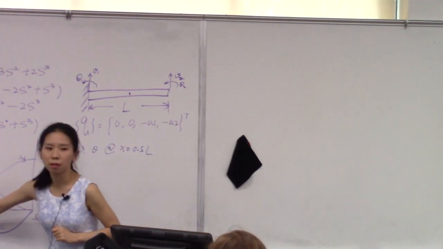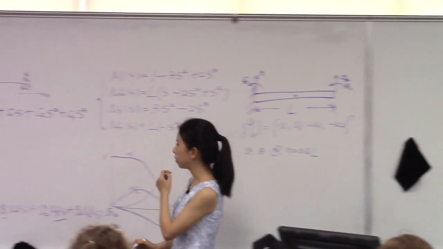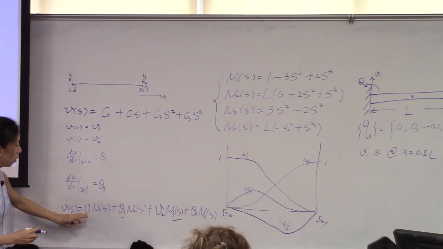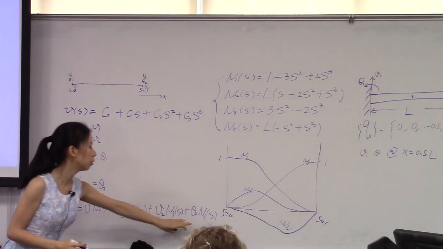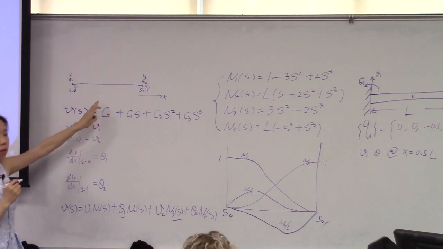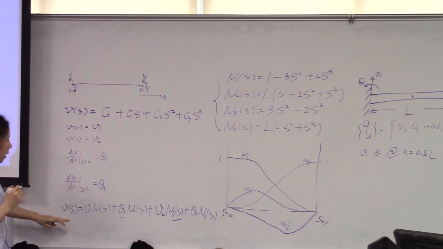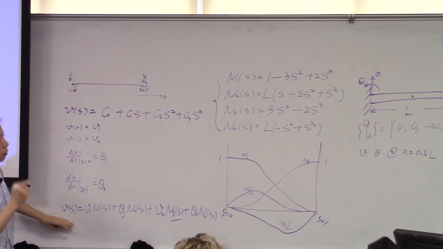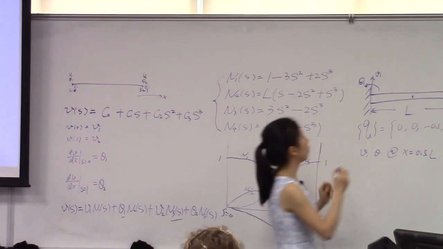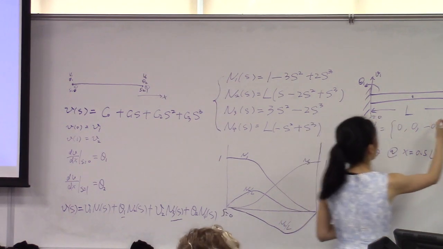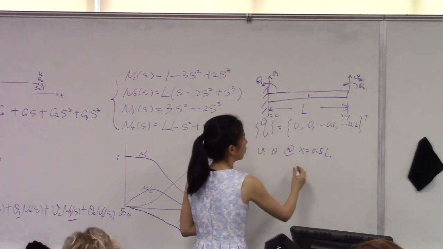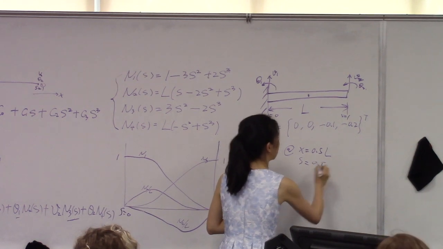Because we have this interpolation function, once we know V1, theta 1, V2, theta 2, we can calculate the deflection and rotation at any point on this element, between 0 and 1. So if we define this as s equal to 0, this as s equal to 1, then the middle point x equal to half L has s equal to 1/2.